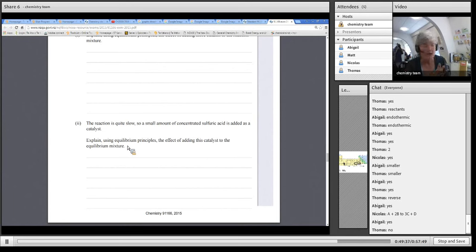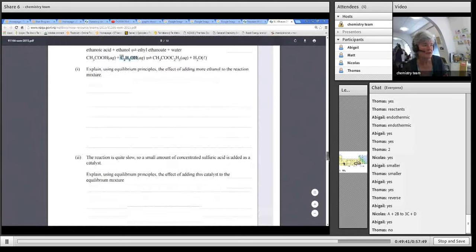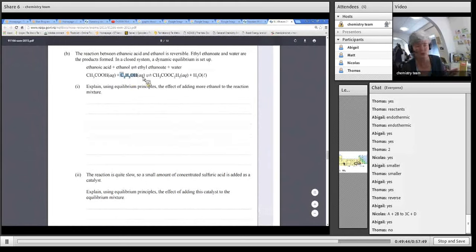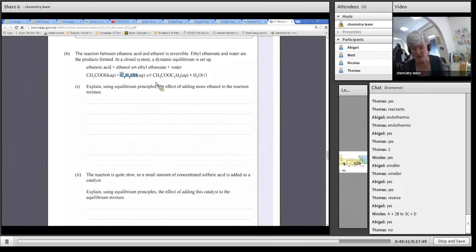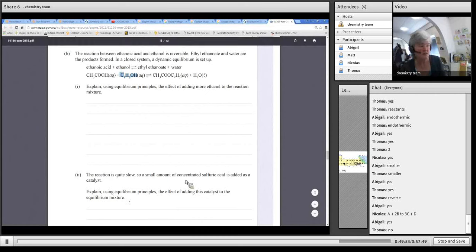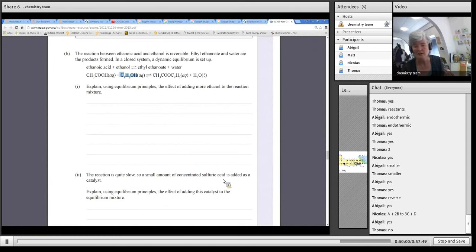So going back here, if I added these two together without the sulfuric acid, it won't be in equilibrium straight away. It might take hours or days to get into equilibrium. Whereas if I added the concentrated sulfuric acid, it would happen a lot faster. But once it's in equilibrium, there's going to be no visible change. It's just that the forward and back reactions are happening at a faster rate, but still an equal rate. Does that make sense?